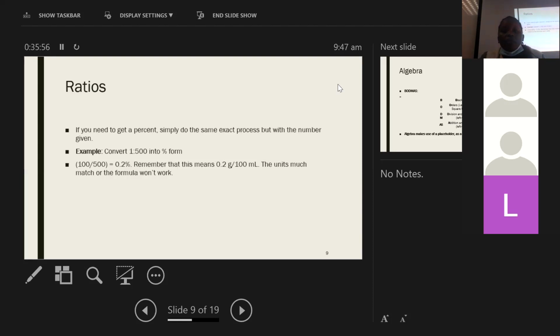One over? No. So think: 0.2% is equal to 0.2 over 100. What do you get?